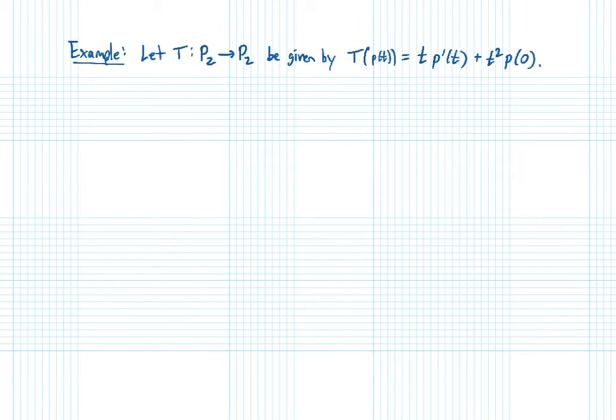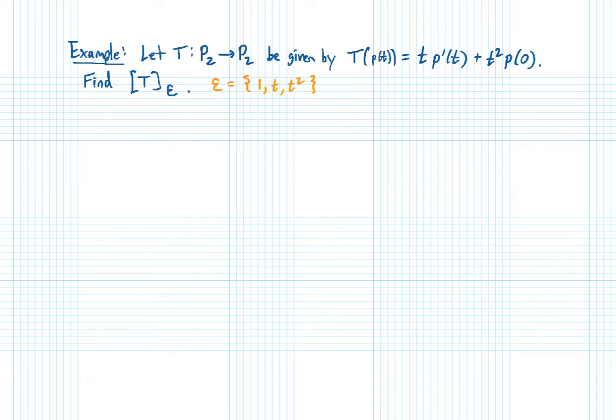Okay, so here's an example. Let T from P2 to P2 be given by this formula, that T of p is t times p prime of t plus t squared times p of 0. This is a linear transformation, and it's probably a good exercise for you to check that it's a linear transformation. But what we're going to do right now is find the coordinate matrix of T with respect to the standard basis.